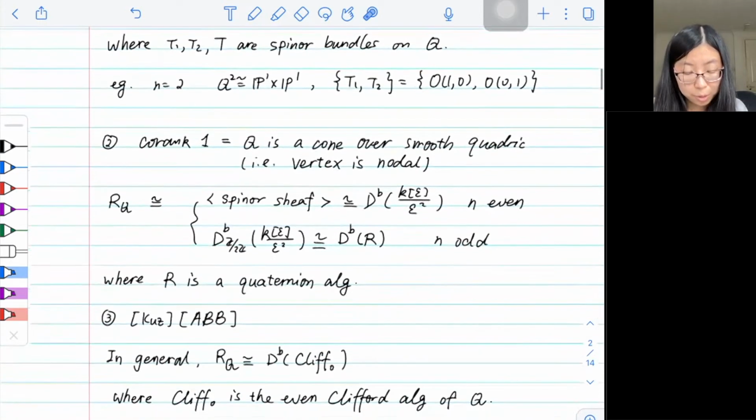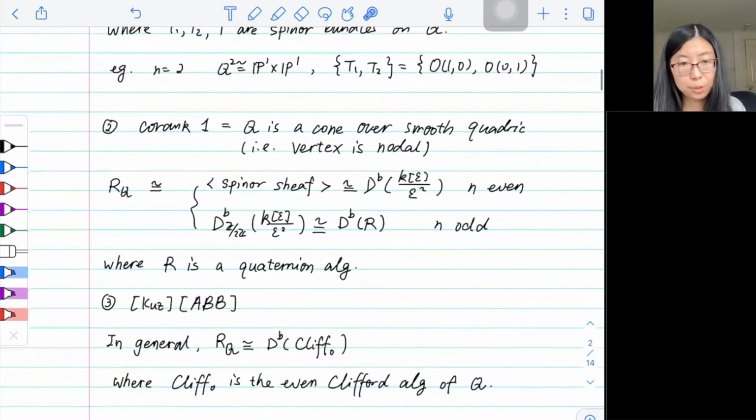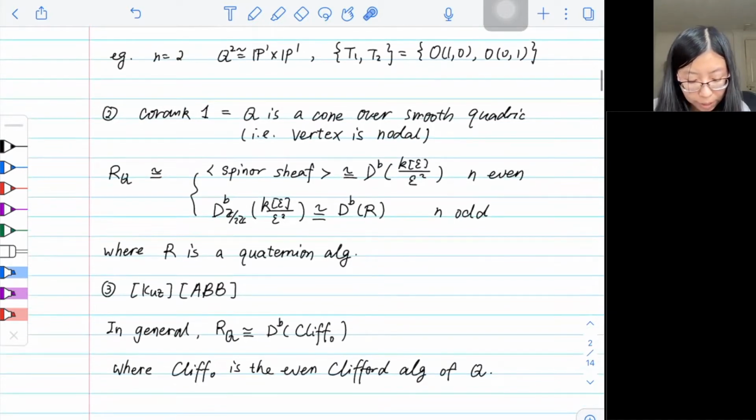In general, we also know the answer by the work of Kuznetsov in characteristic 0, and by Auel, Bernardara, and Bolognesi over any field. The residual category is always equivalent to the bounded derived category over some algebra.